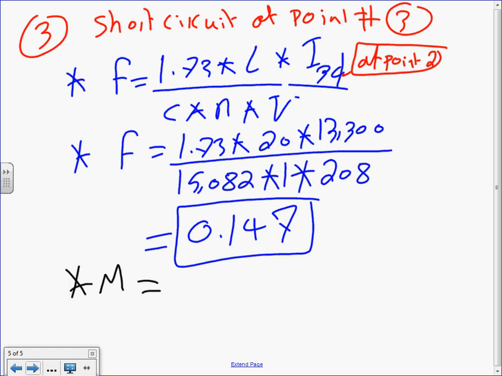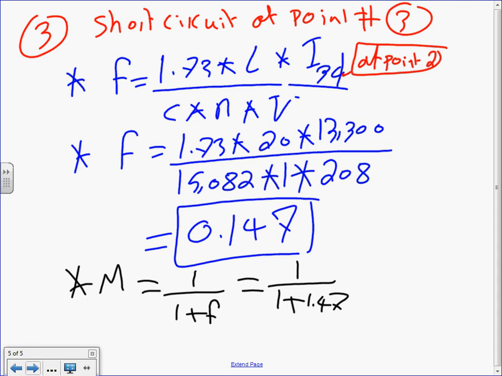M equals 1 over 1 plus F. And this one is a piece of cake: 1 over 1 plus 0.147.